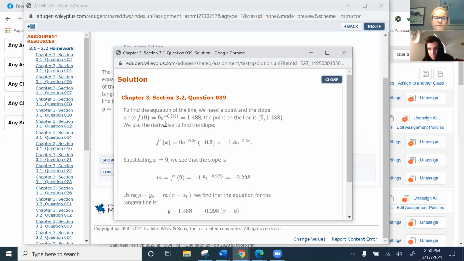X is 9. So now I have my y and my x, and I'm finding slope by plugging them in. You're going to plug in 9 into the derivative. So you first have to find the derivative of the original function. Okay. And I do that by, and that would just be negative 0.8.